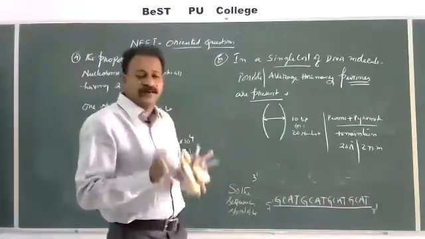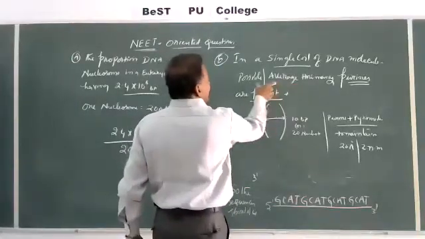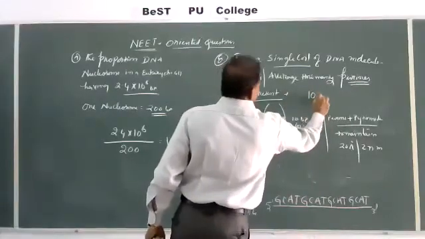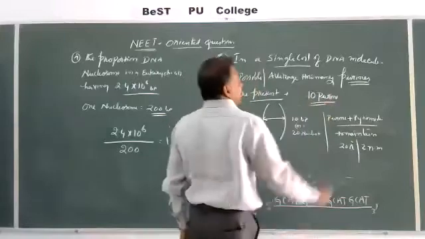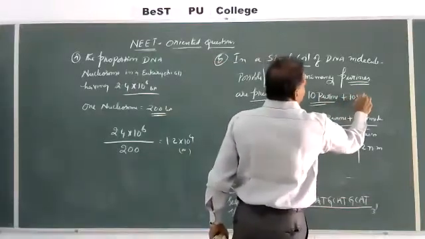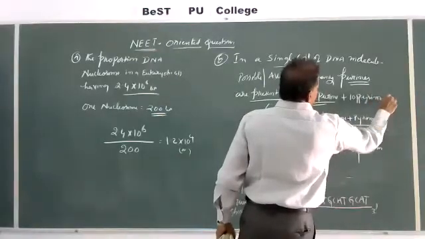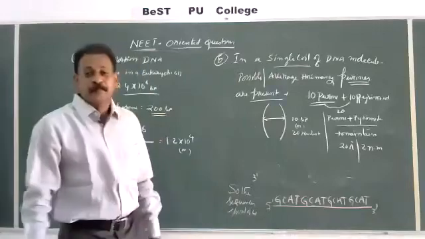So on average, in a coil, how many purines? That is 10 purines. If 10 purines are there, 10 pyrimidines. Total 20 nucleotides or 10 base pairs.